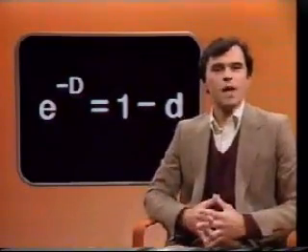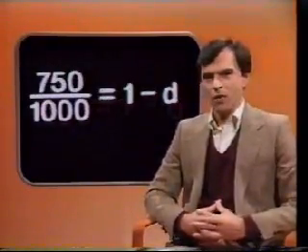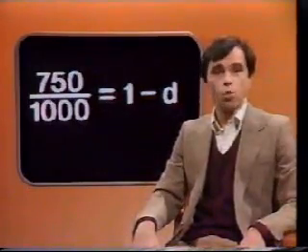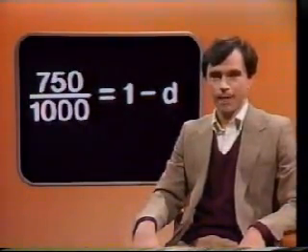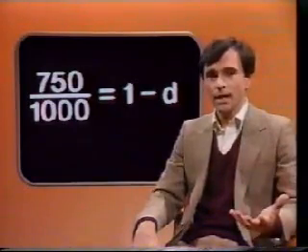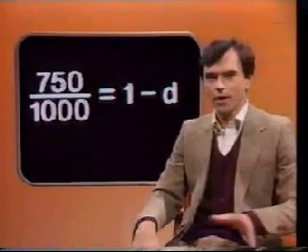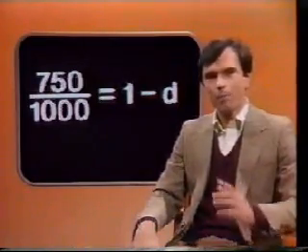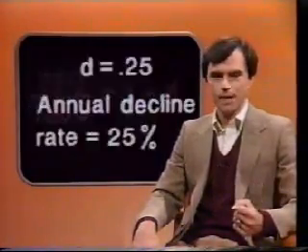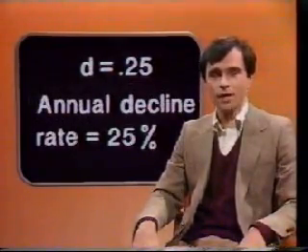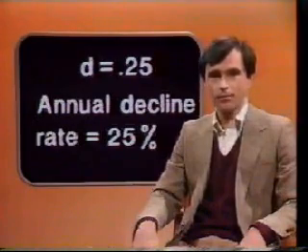Let's use this information to solve the following problem. We're given that the production rate on the first day of year 1 is 1,000 barrels per day, and on the first day of year 2, it is 750 barrels per day. The ratio of these two production rates is equal to 1 minus small d. The value of d is then found to be equal to 0.25, or an annual production decline rate of 25%.